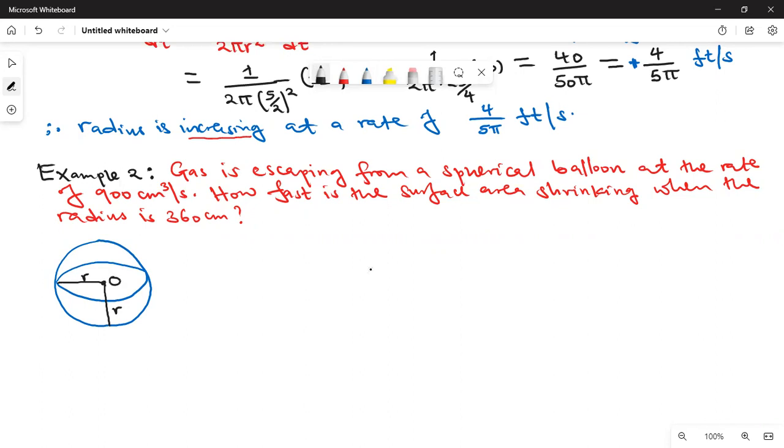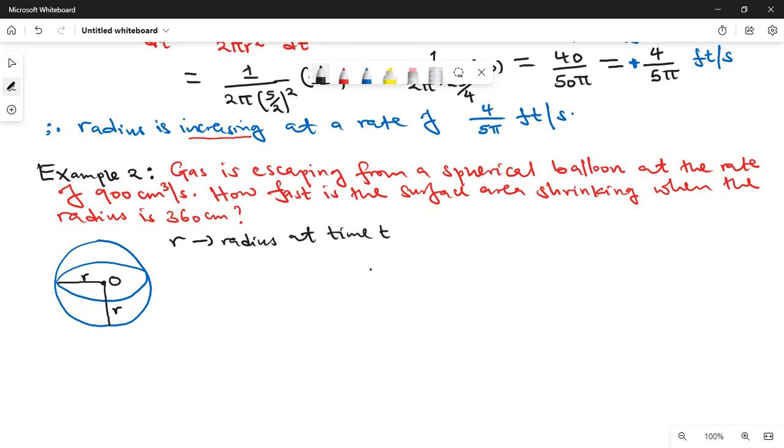So what do we know about the sphere? Because it is a balloon and the gas is escaping, we expect the volume to be decreasing at any time t. So first of all, we need to assign symbols to all the quantities given. The first symbol is R to mean the radius at time t.